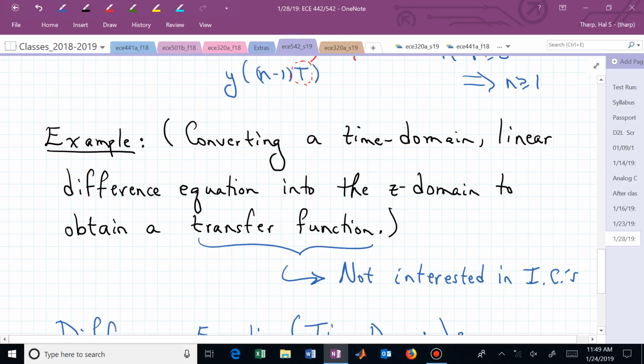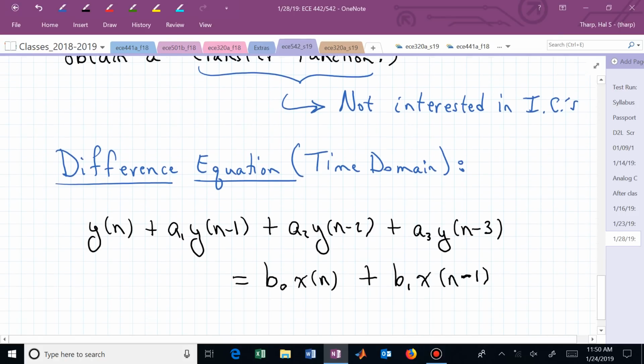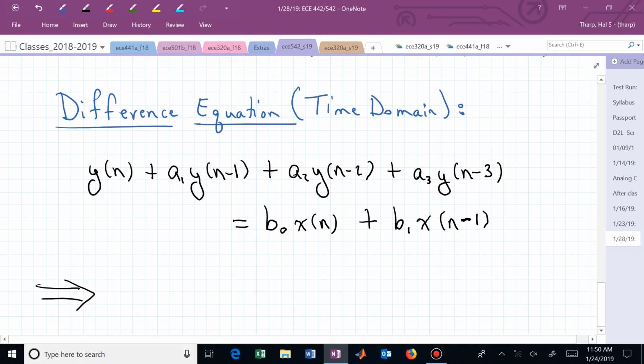We are converting a linear, time invariant, time domain difference equation into the z domain to obtain a transfer function. And because we're interested in a transfer function, not a particular solution, we're not interested in keeping track of the initial conditions when we take the z transform. So let's now start with an example.